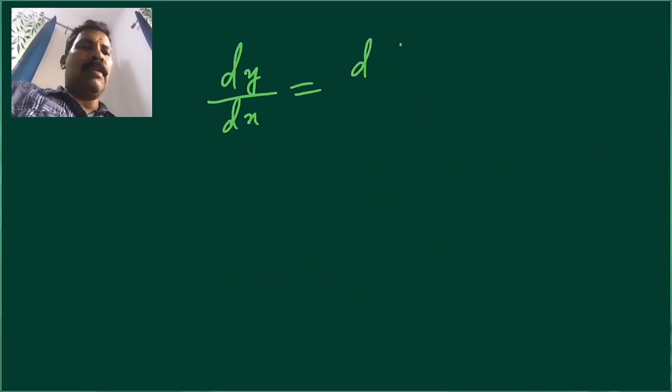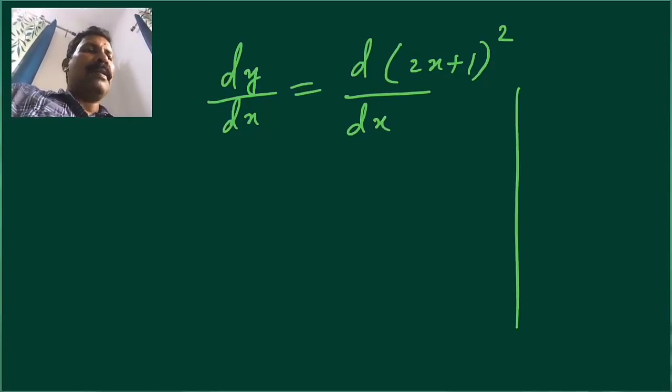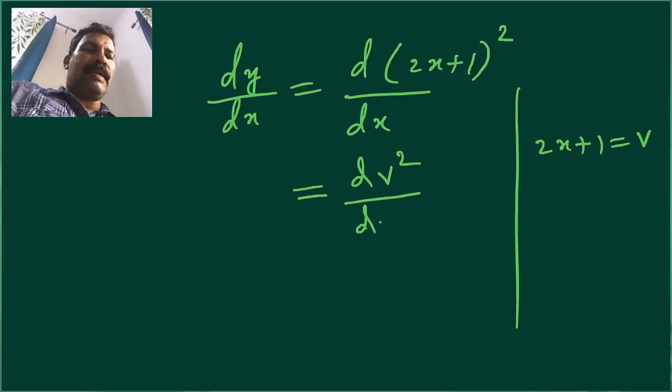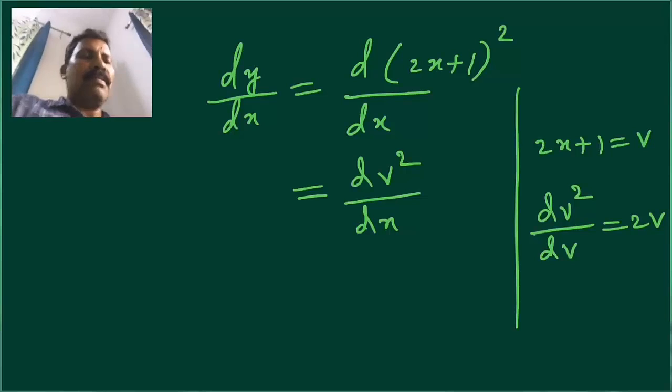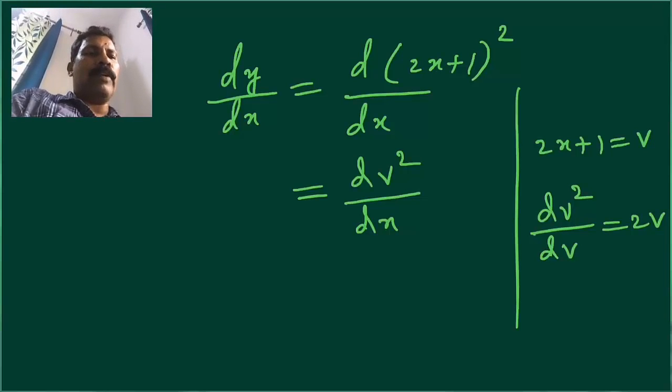Okay, we want dy by dx, no doubt at all. That is, d of 2x plus 1 the whole square with respect to x. And if we substitute 2x plus 1 equal to v, then this becomes d of v square by dx. I told you we can find d of v square with respect to v as 2v. But here, d of v square by dx, we cannot do anything.